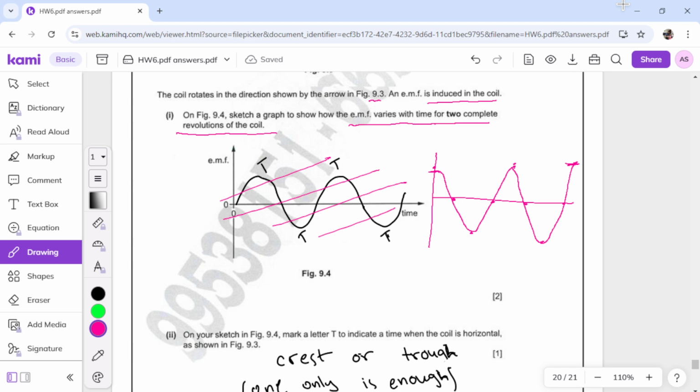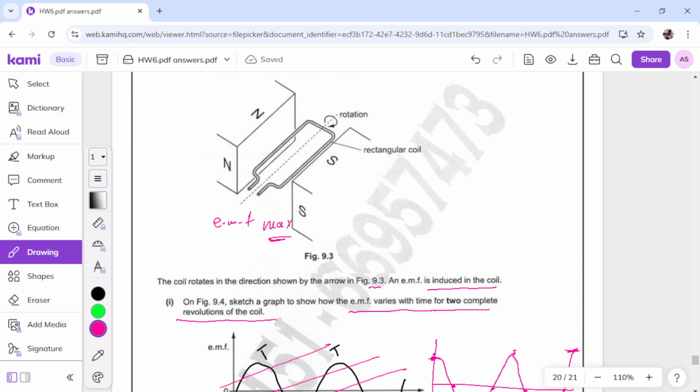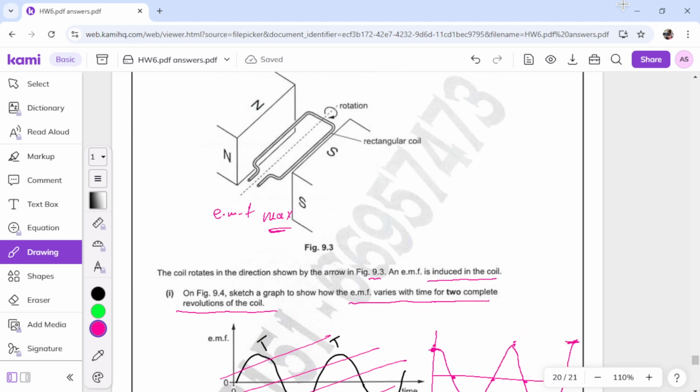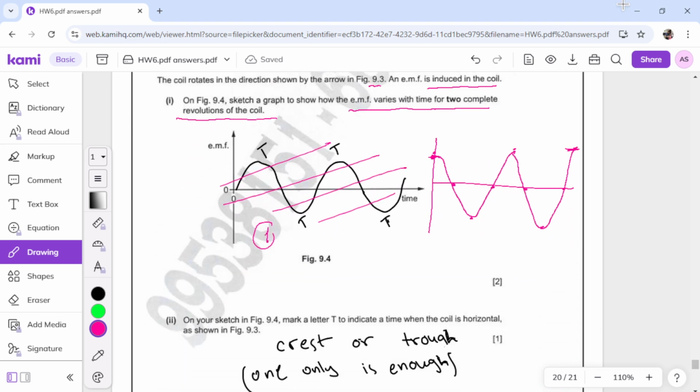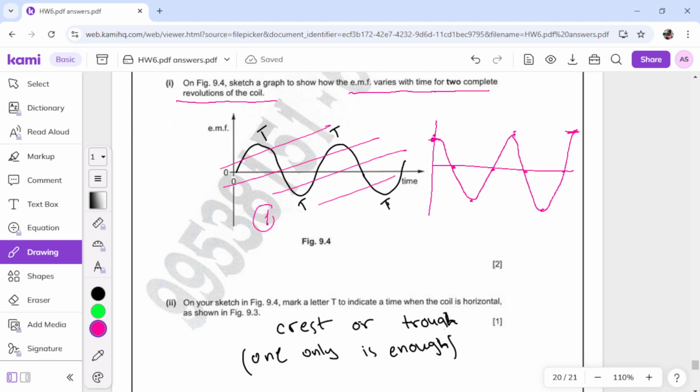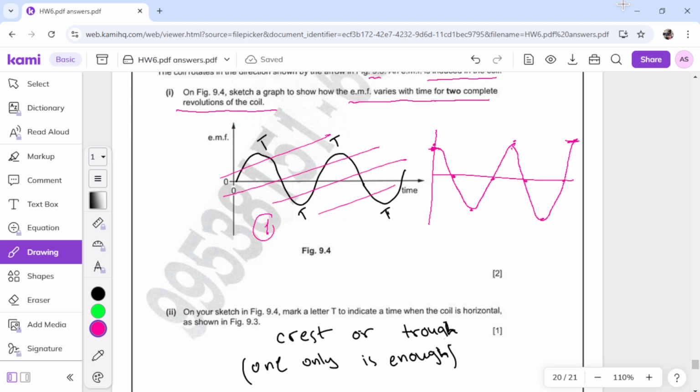Of course, if you draw the other one, you will lose 1 mark because you didn't start from the maximum. You have to start from maximum because the position of the coil is horizontal. It means we start from maximum EMF. And we have the first periodic time, second periodic time.